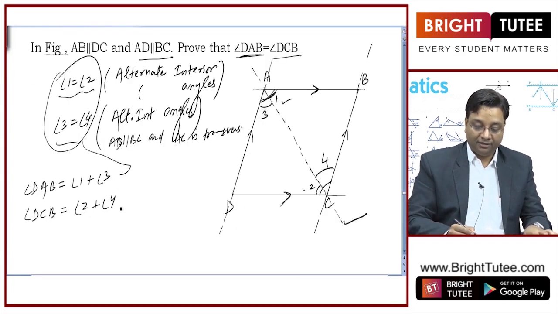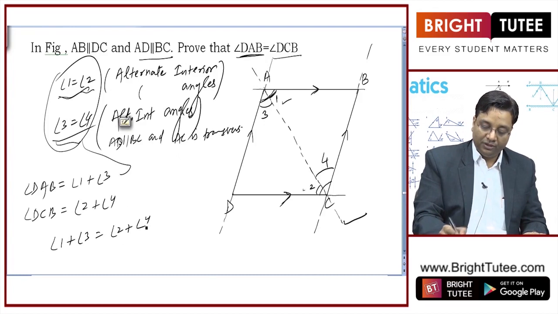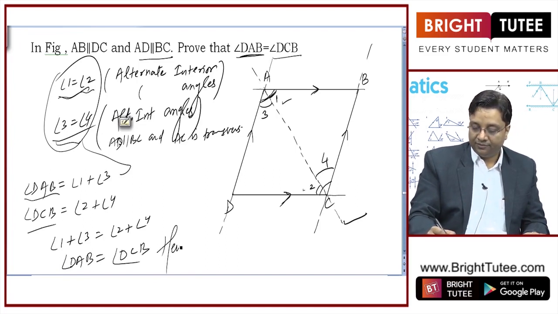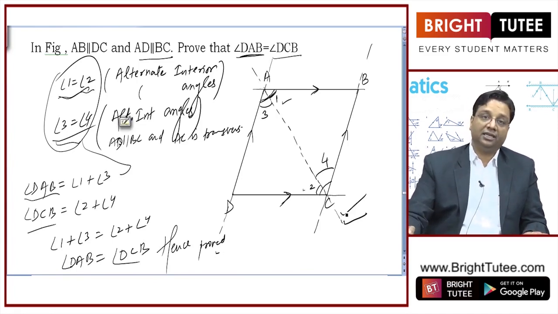Adding these two, I will have 1 plus 3 equals 2 plus 4, and 1 plus 3 is nothing but angle DAB, and it is equal to angle DCB. Hence proved.